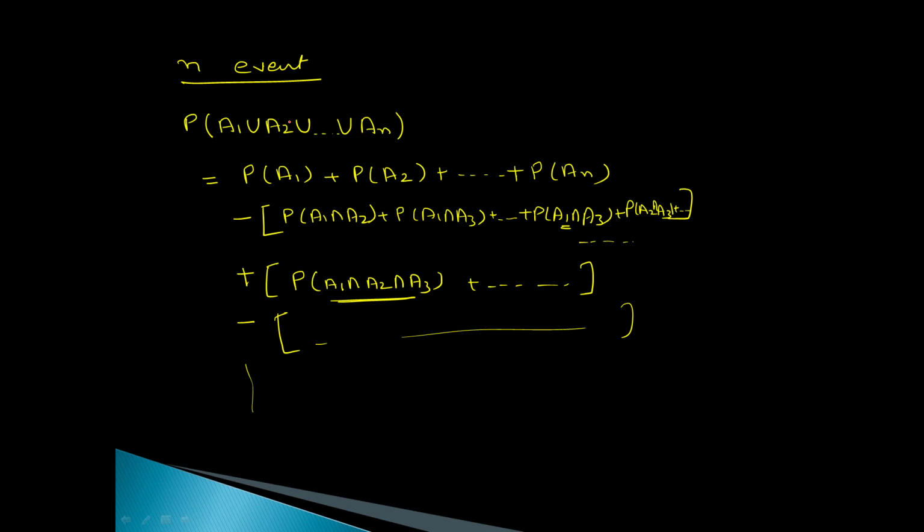So what is the better way of writing this formula? We can use mathematical notation. Those who love mathematical notations can write it in this form simply. The probability of the union of Ai, where i goes from 1 to n. Here this union symbol is taking all possible values of i from 1 to n.